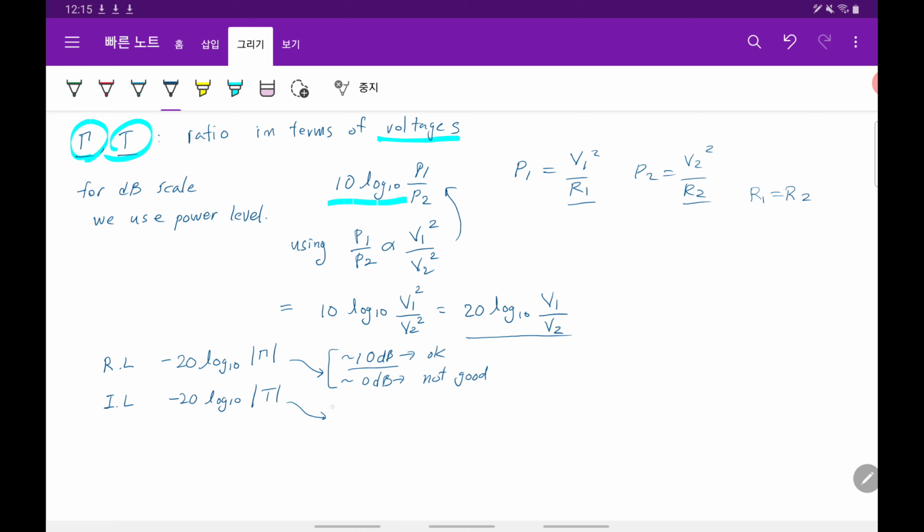About this transmission insertion loss, less than 1 dB is good. But if this is 10 dB, then not good. That means most of the power is not transmitted, right?